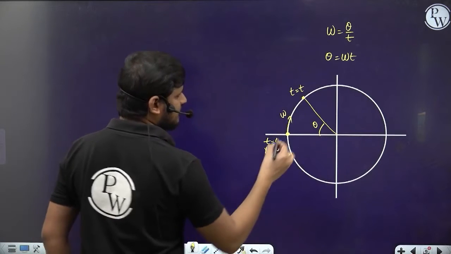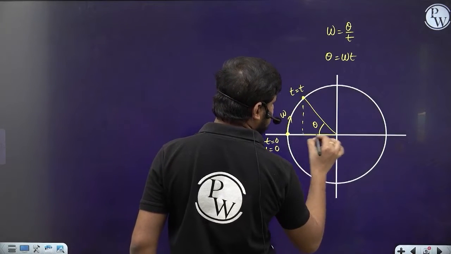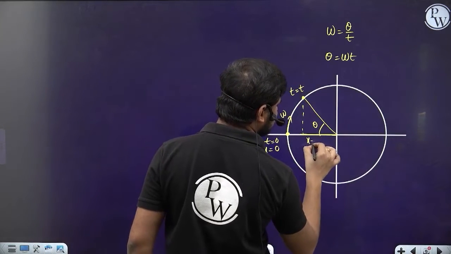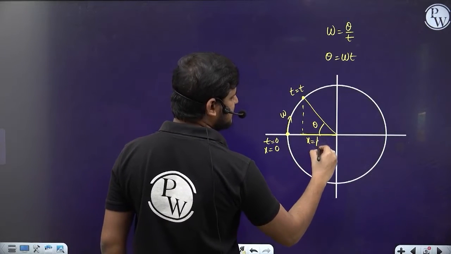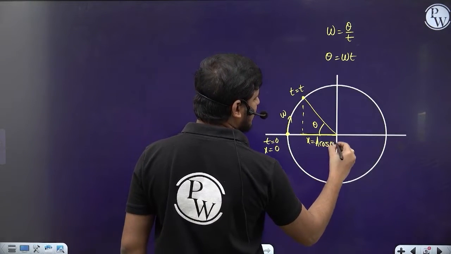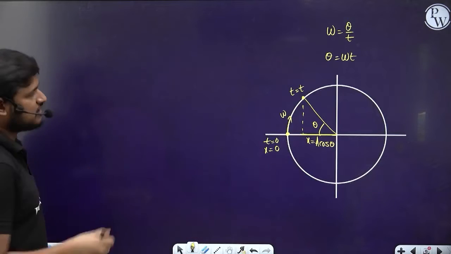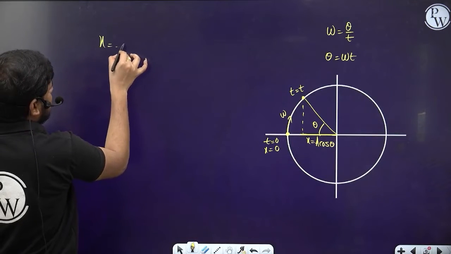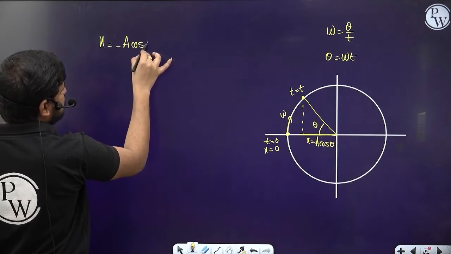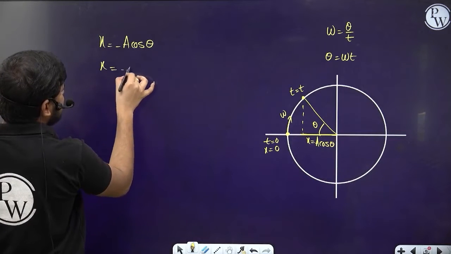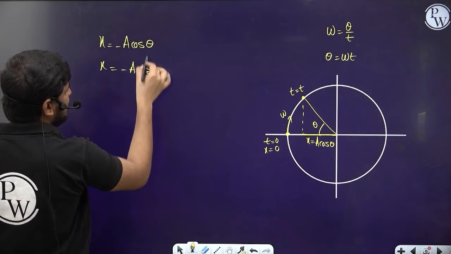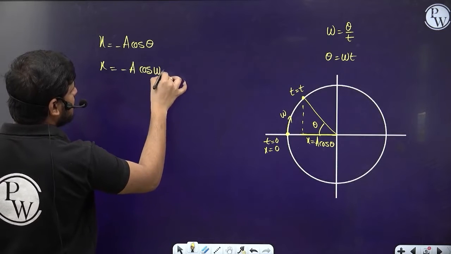So now the projection on the x-axis, on the horizontal diameter. This is x equals, theta is on this side, so it will be a cos theta. And as it is towards the left, I am taking it as minus a cos theta. In place of theta I can write omega t.